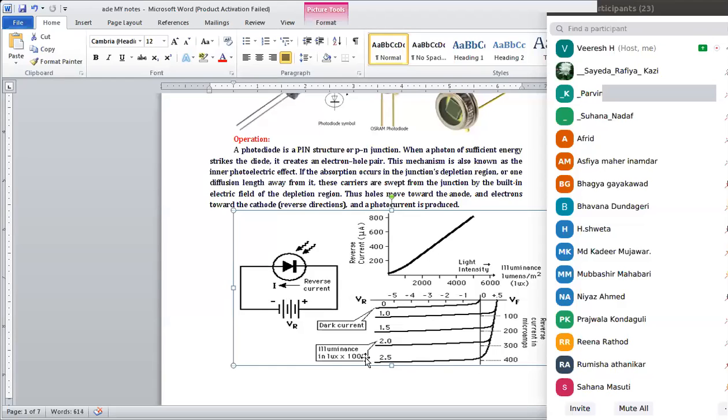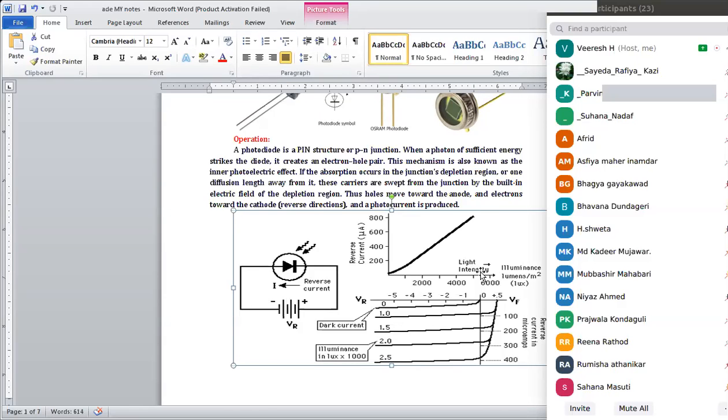So here the illuminance is in thousands multiplication, and what we are getting is an output of 300 microamperes. So the current of 300 microamperes is going to be generated when the illuminance is at the rate of 2000. Okay, you can see it here.